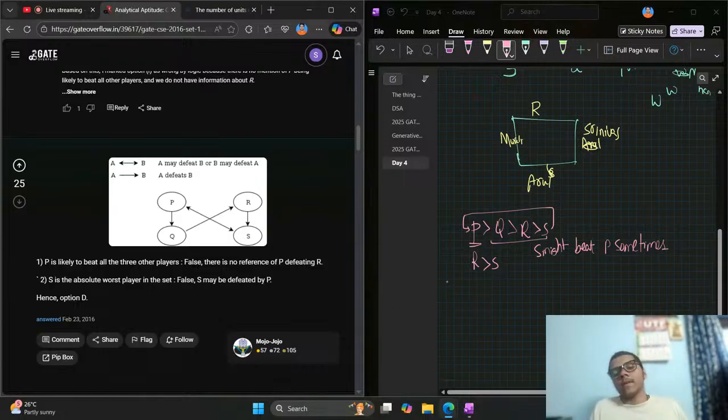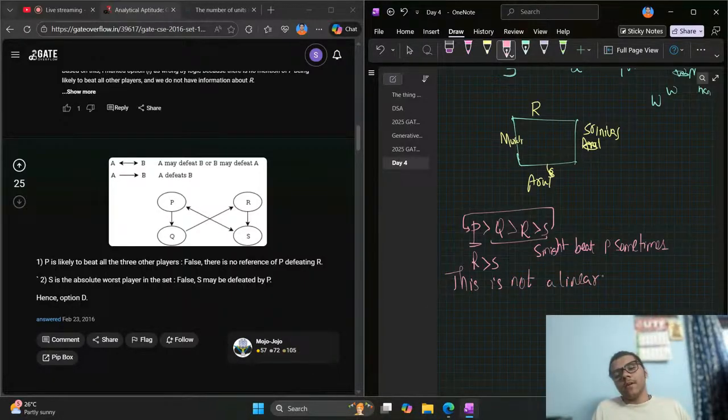Okay. This is not a linear relationship. Why? Alright, let's do this. Thor, Surtur, Hela. Thor is stronger than Surtur, but Thor cannot beat Hela. But Surtur was able to beat Hela.